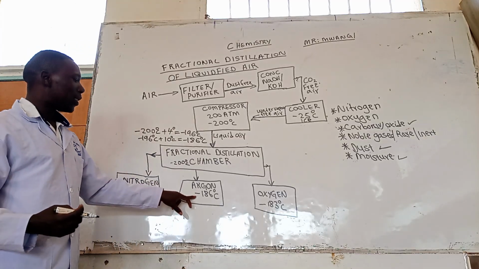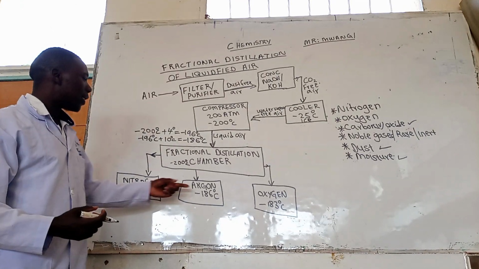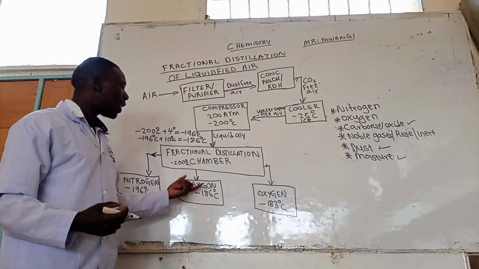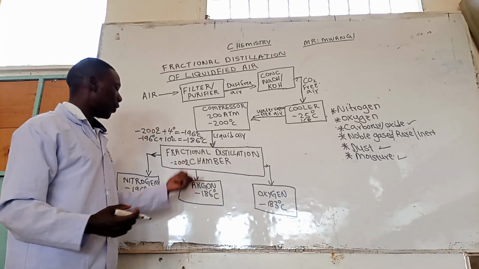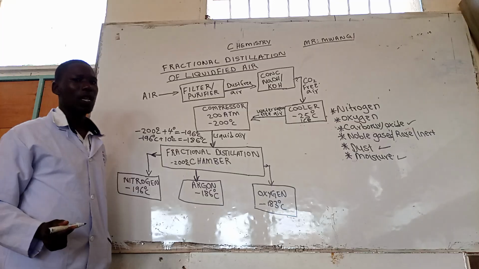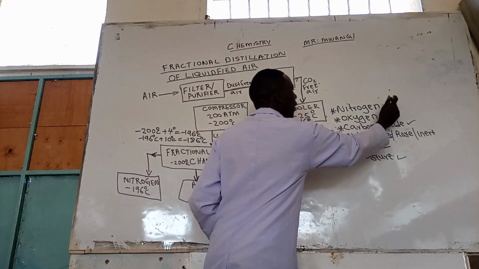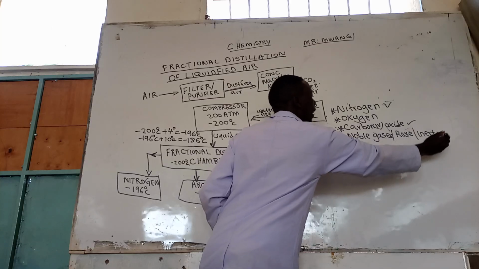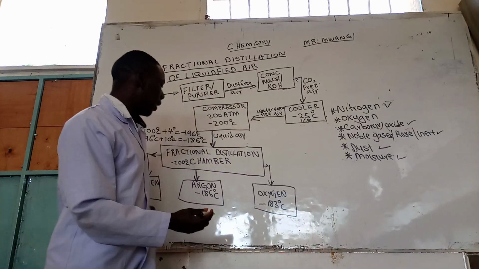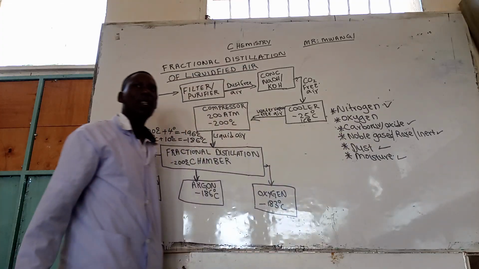Argon boils at negative 186 degrees. Therefore, at this temperature, it will change from liquid to gas, and it will be easily tapped out. We have already tapped out the nitrogen, and we have tapped out the rare gas, that is argon. We will be left with oxygen.